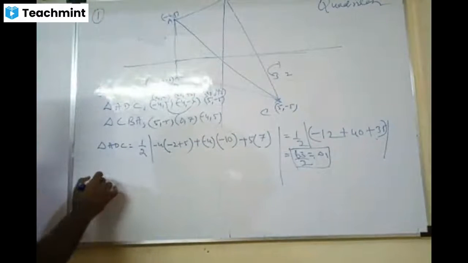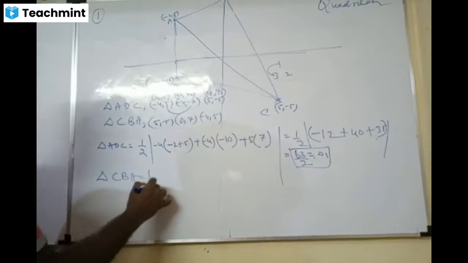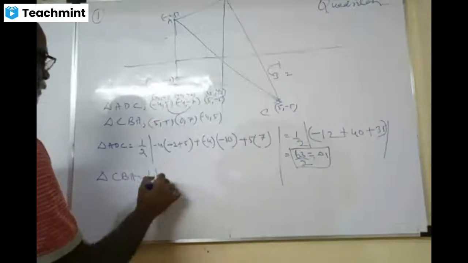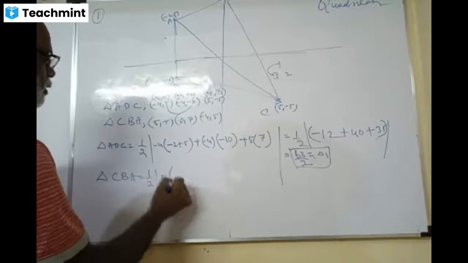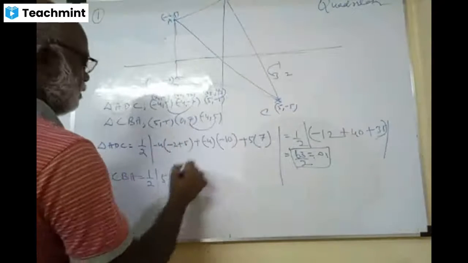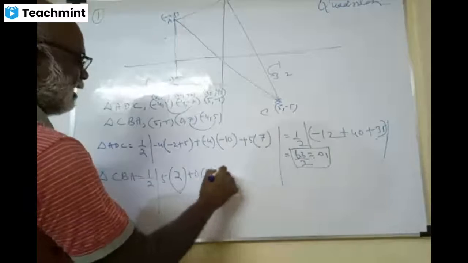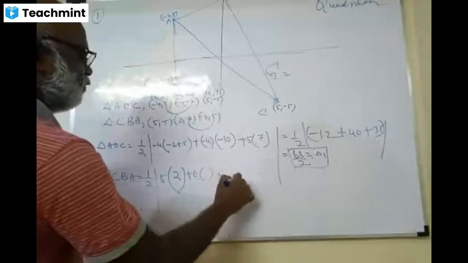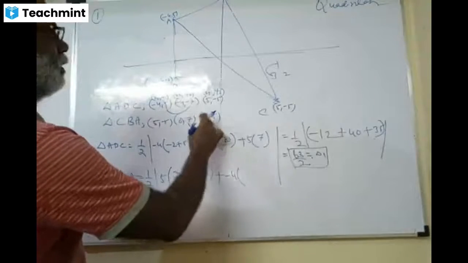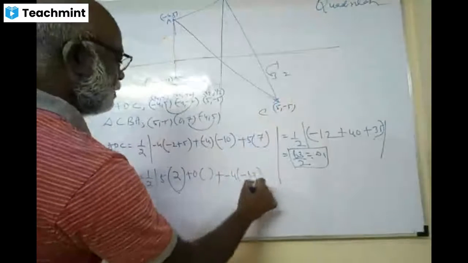Number 2, area of a triangle CBA is half into x1. Sudarshan, are you able to follow me? Yes, sir. Minus 4 into y1 minus y2, minus 12 minus.